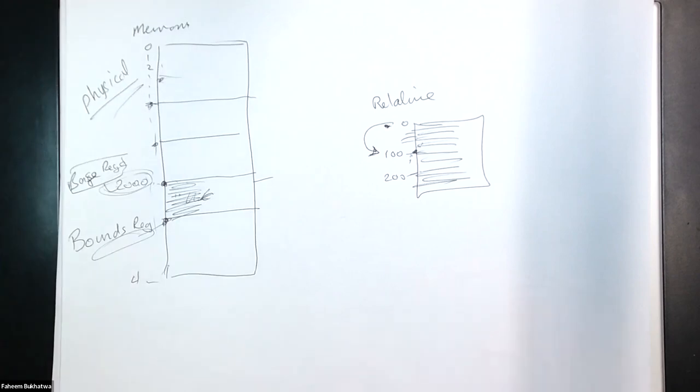So which one is better? The fixed memory management or the dynamic memory management? The dynamic. That's a good answer, right? It's the wrong answer though. Any idea which one is better? The fixed. It sounds also like a very good answer.